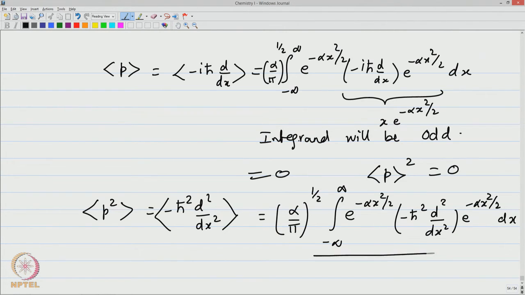This is easy to evaluate. I leave it to you to take the derivative of this and show that the answer is h bar squared alpha by 2. That is a simple integral to do. Take the derivative and you will see that it is an exponential, and I will leave it to you to do that.